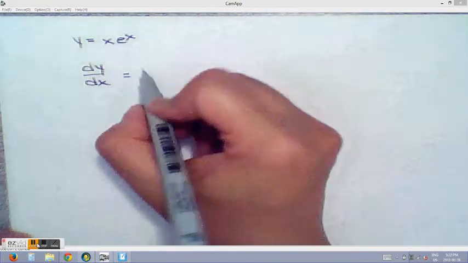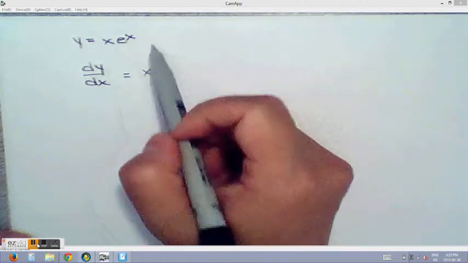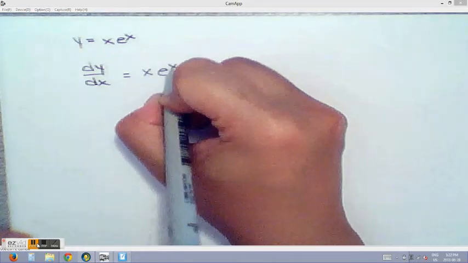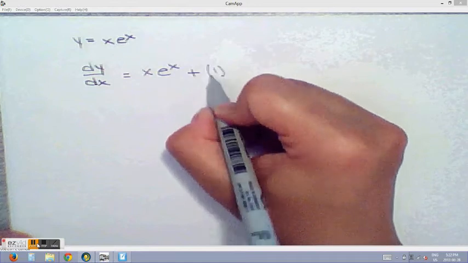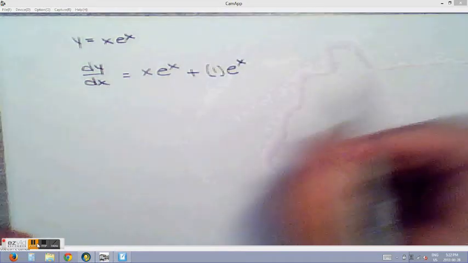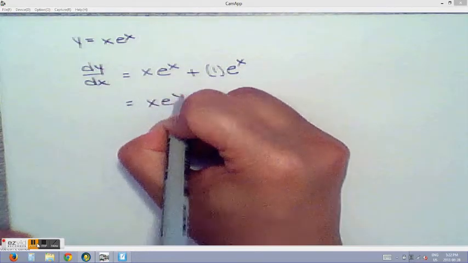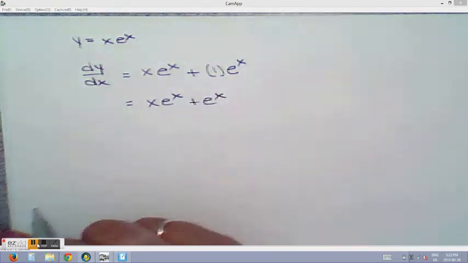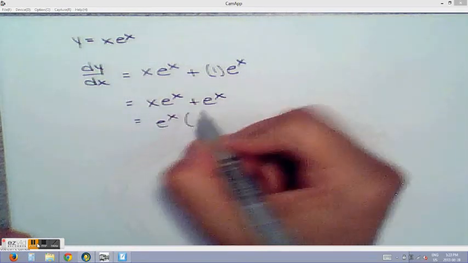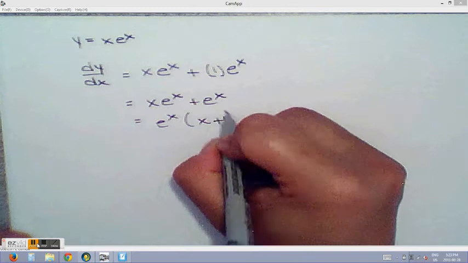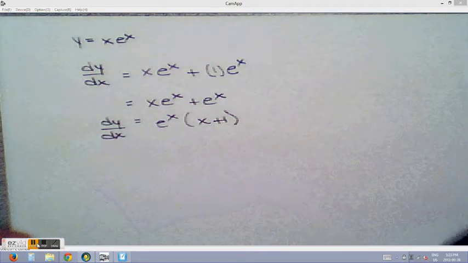We have the first times the derivative of the second, which is e^x, plus the derivative of the first, which is 1, times the second. Simplifying, x e^x plus e^x. The only thing I can do here is factor e^x out of each term, so dy/dx equals e^x (x plus 1). And that would be our solution.